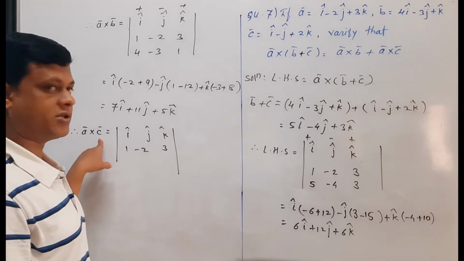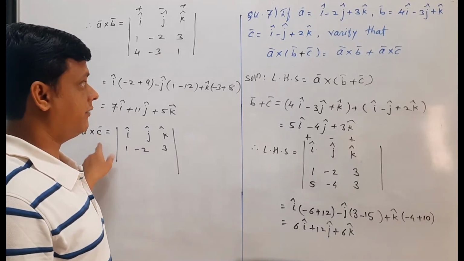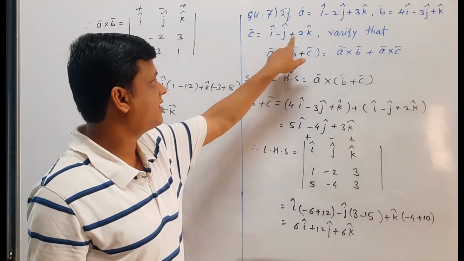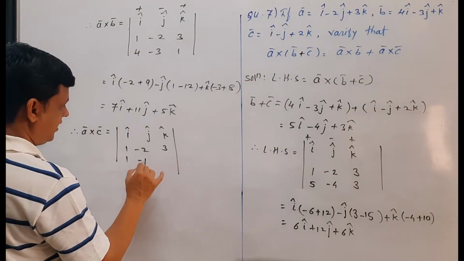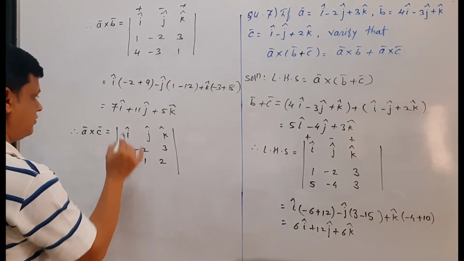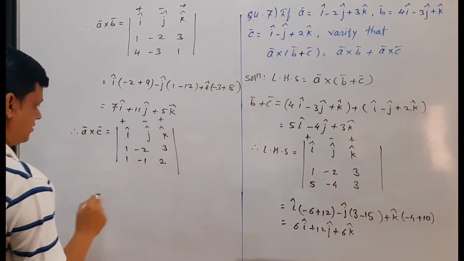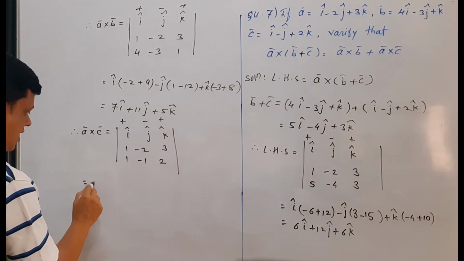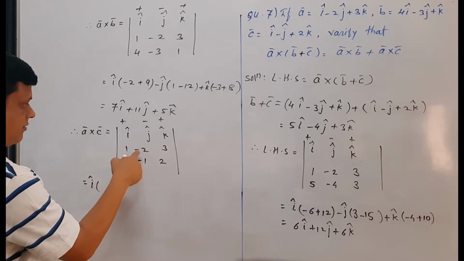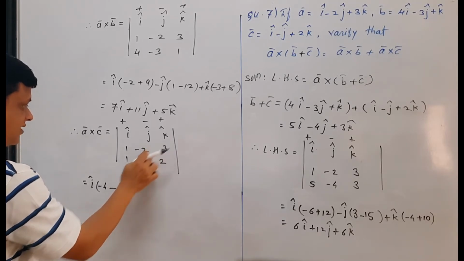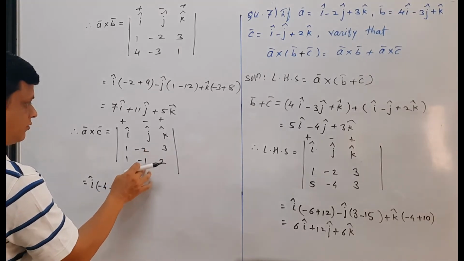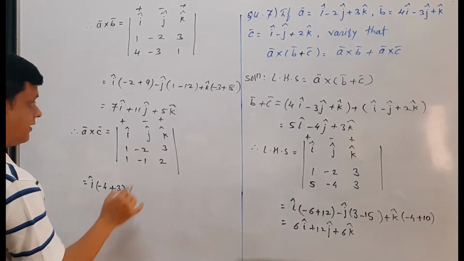Now see the coefficient of vector ijk for vector c: 1, minus 1, 2. So write plus minus plus, which equals i in bracket minus 2 into 2 is minus 4, minus minus plus, so we write plus 1 into 3, 3.